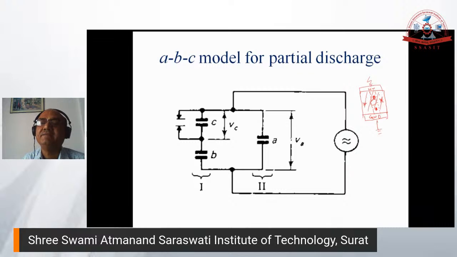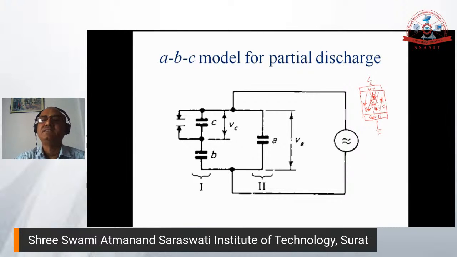So you can have three capacitances. The void capacitance is denoted as capacitance C, which is in series with the healthy insulation, both sides together, that is denoted as B, and which is in parallel with the remaining part, this side as well as this side, denoted as capacitance A. That's why you can have a model of A, B, C.